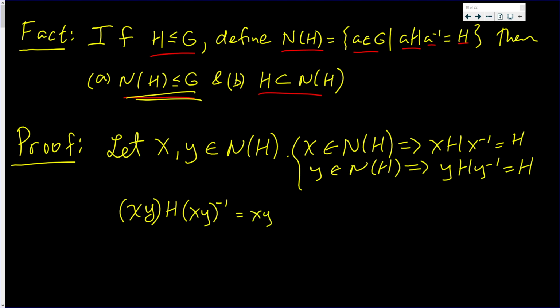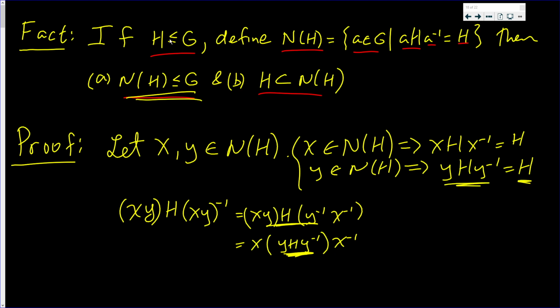This is XY times H times Y inverse X inverse. I'm going to group those elements together. So I have X times Y H Y inverse times X inverse. But this is H. That's how we got to be in N of H.